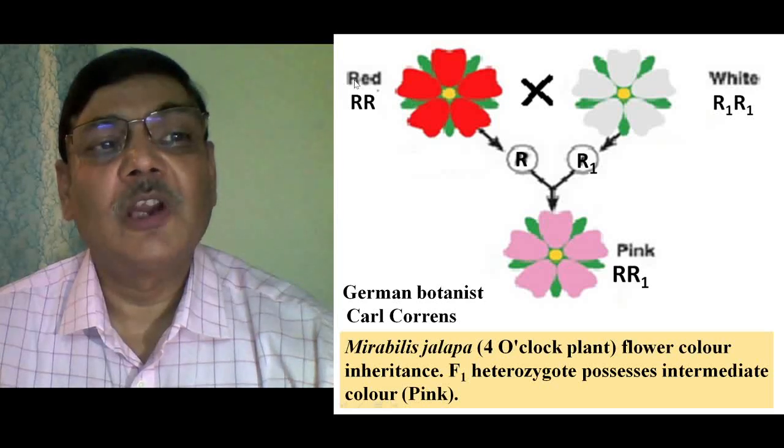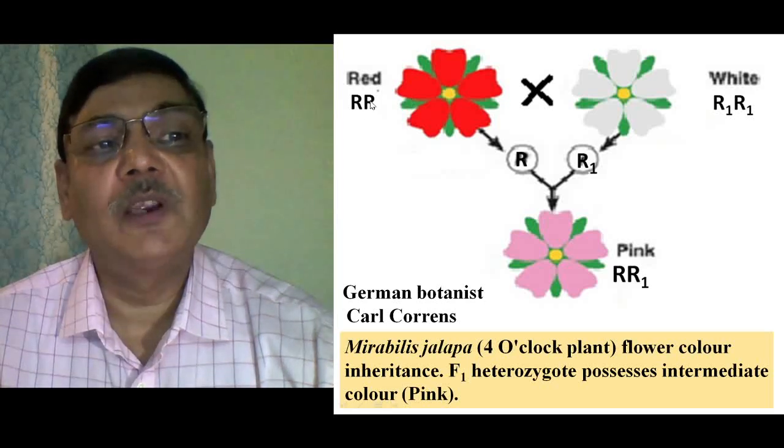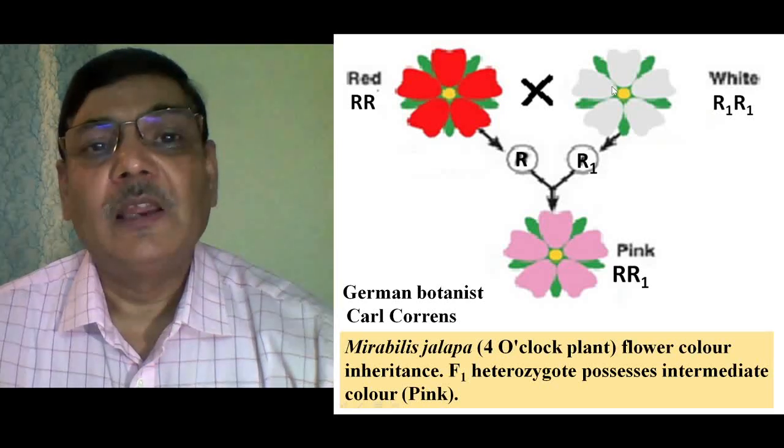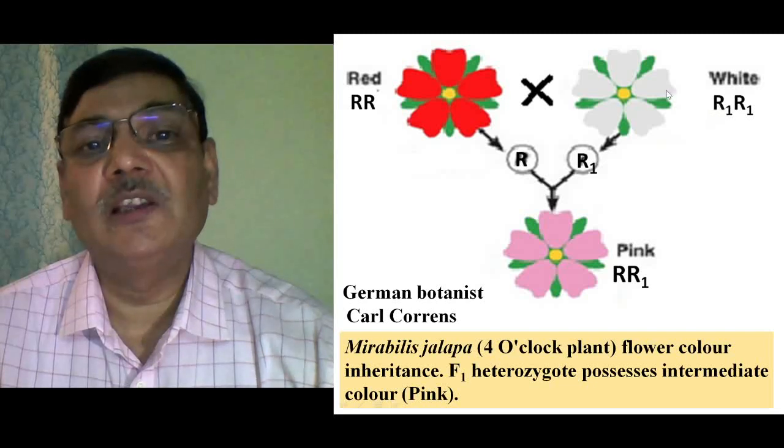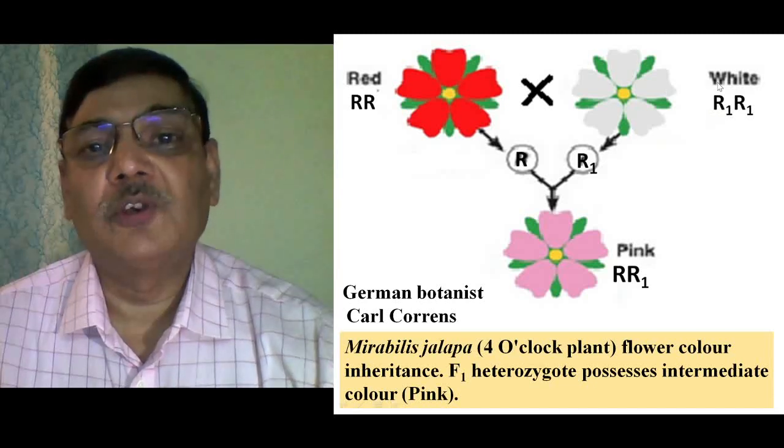So plants having red flowers, they will be having capital R, capital R genotype. And those which bear white flowers, they will have their genotype R1, R1. So this is an alternate form of the same gene, and it is in a different form. R1, R1 means R1 is the allele that causes actually a white phenotype.